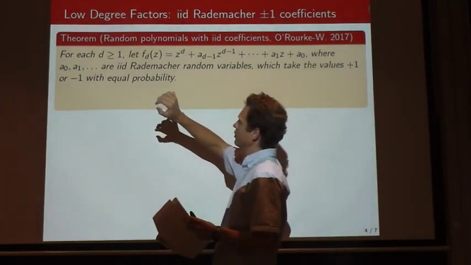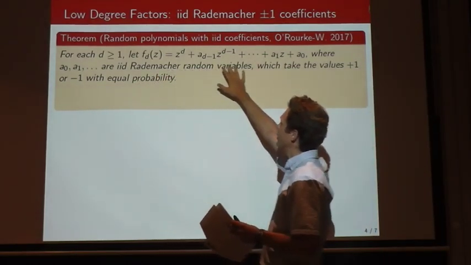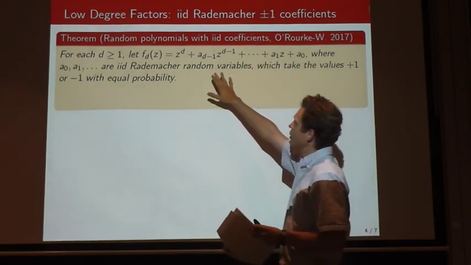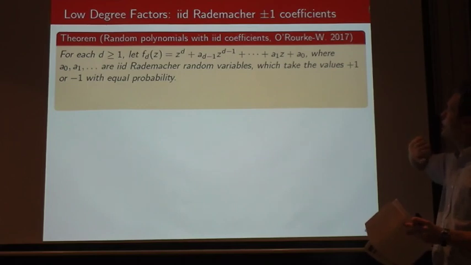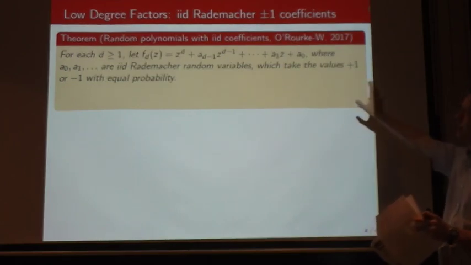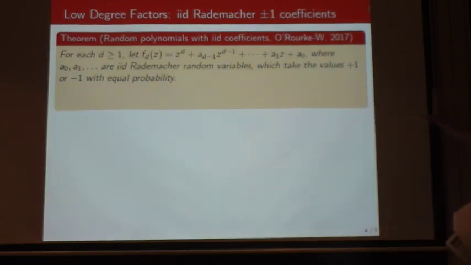If you have degree at least 1, and f_d is this polynomial of degree d, the coefficients are a_{d-1} down to a_1, down to a_0, I guess. And they're IID Rademacher random variables. So Rademacher was a statistician, and according to Wikipedia, he's the one for whom you should name plus minus 1 with equal probability random variables.